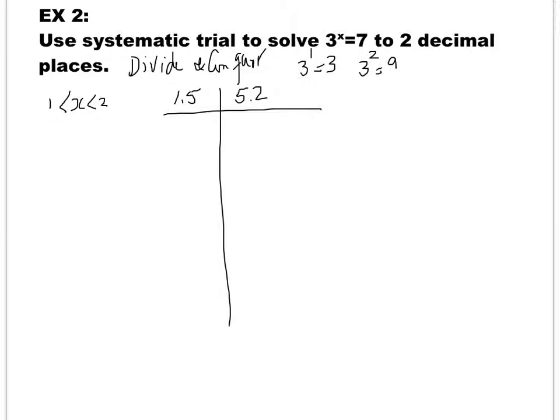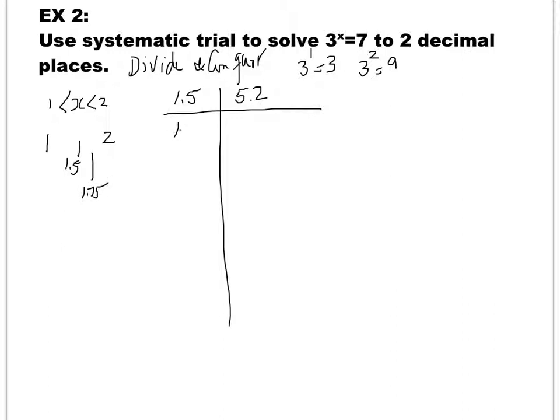So this means if this is 1 and 2, I tried 1.5. Now I found out that the value for x is between 1.5 and 2. So I'm going to add 2 and 1.5 and then divide by 2. 2 plus 1.5 is 3.5 divided by 2 is 1.75.